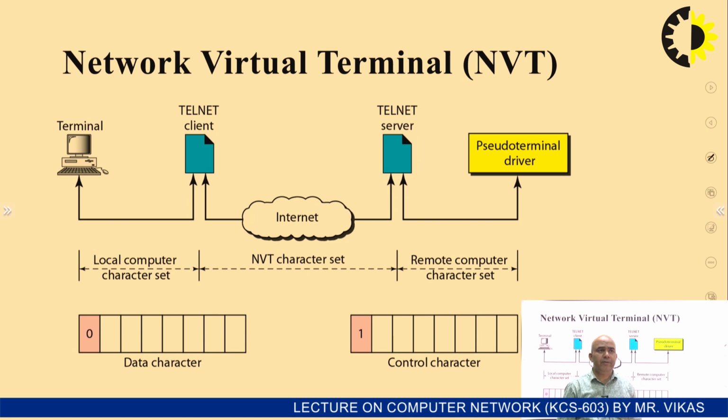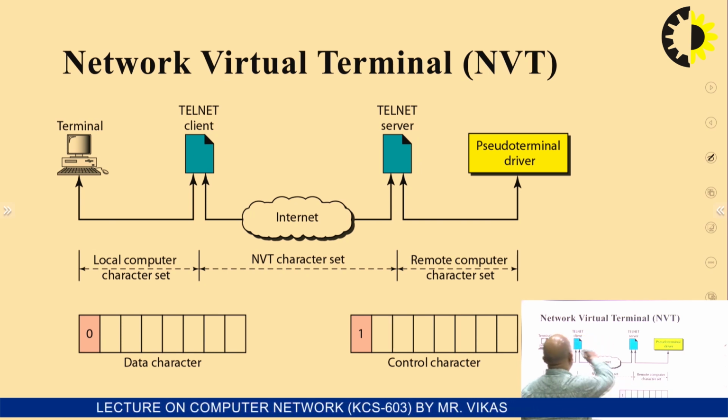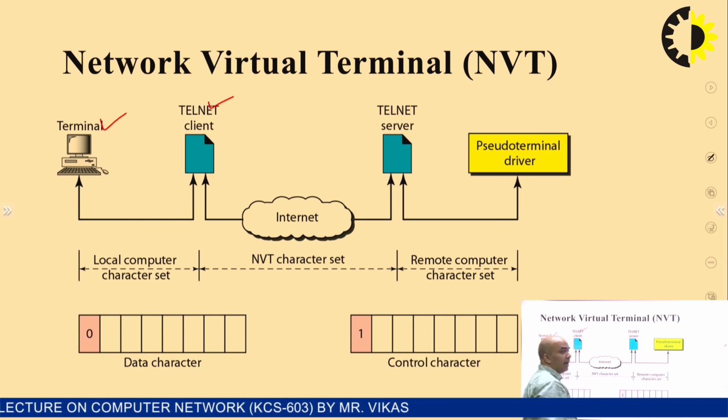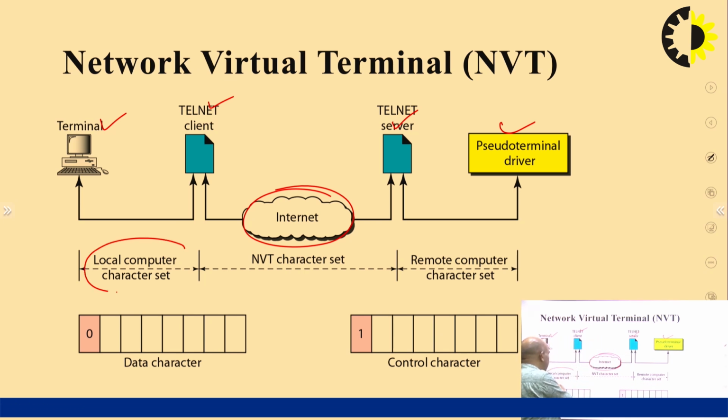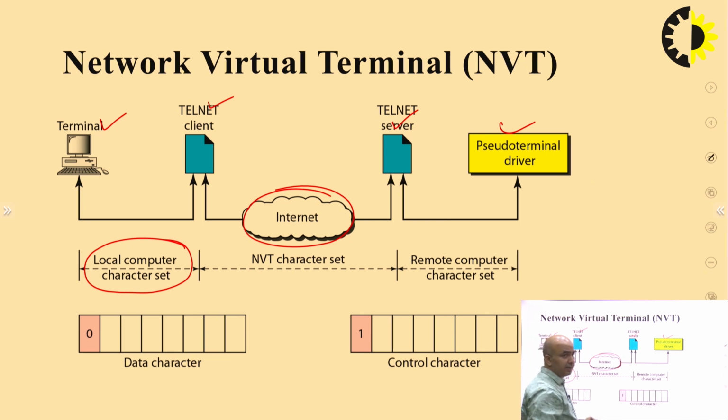So this is how the network virtual terminal is created, where we have a terminal and a Telnet client, connected through the internet. Then this request is sent to the Telnet server and the pseudo terminal driver. Here are the local computer character sets at the local computer, and these are the remote computer character sets located at the server side.